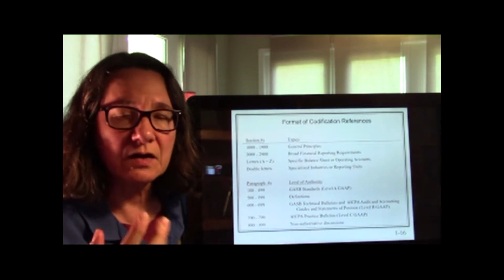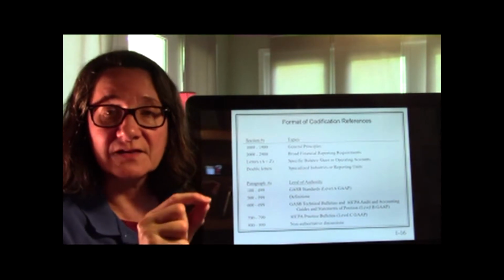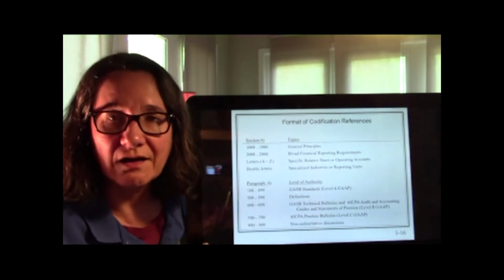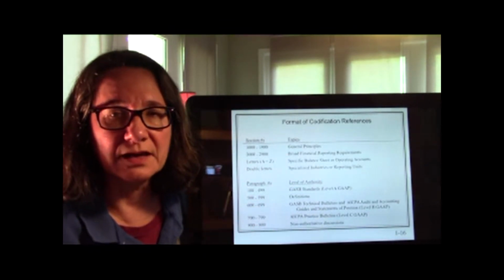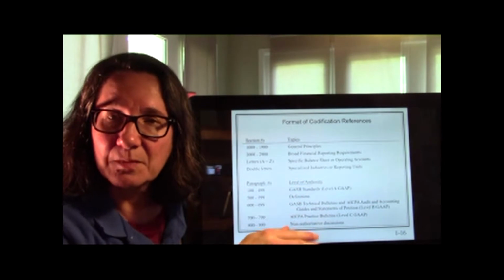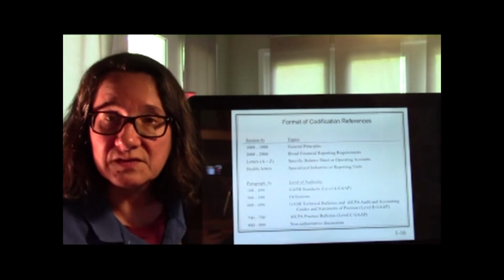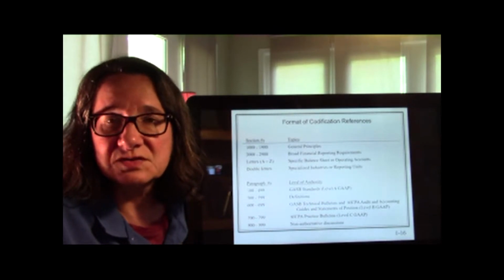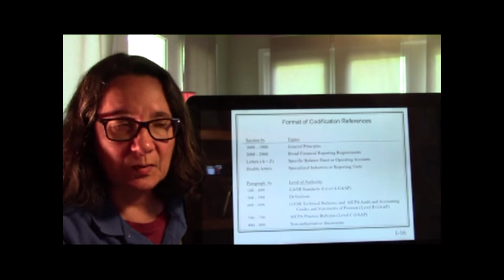So depending on the number, and sometimes some of them have letters, right? If it ends with HO, that's for a hospital, right? They all mean something. I'm not going to ask you to memorize what they all mean, but just know that these numbers and letters for the GASB code actually mean something. So if you used them a lot, I guess you would learn the standard numbers probably.